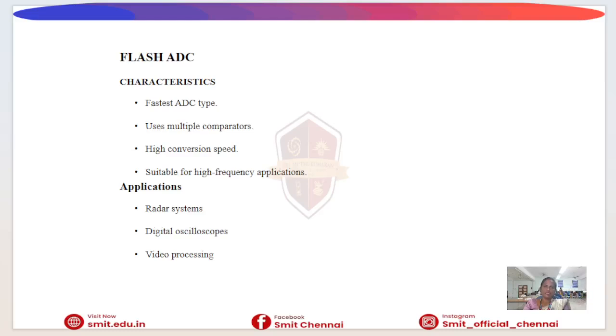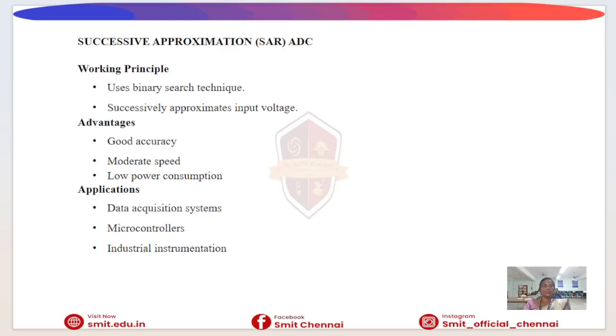Characteristics of flash ADC include very high conversion speed, multiple comparators required, and higher power consumption and cost. Applications are radar systems, digital oscilloscopes, and video processing equipment. Flash ADCs are preferred whenever high-speed conversion is more important than cost.